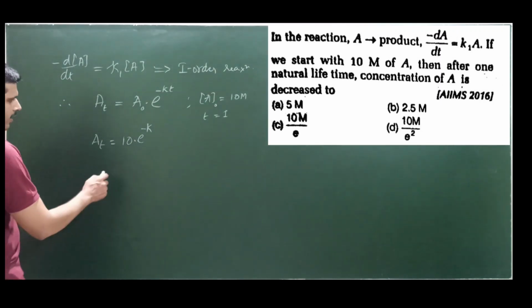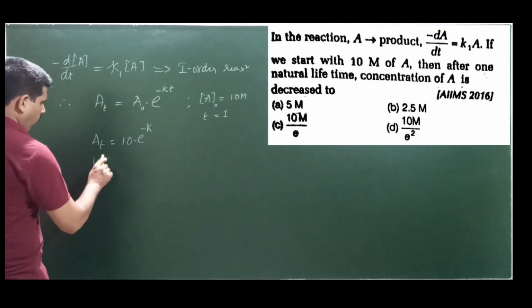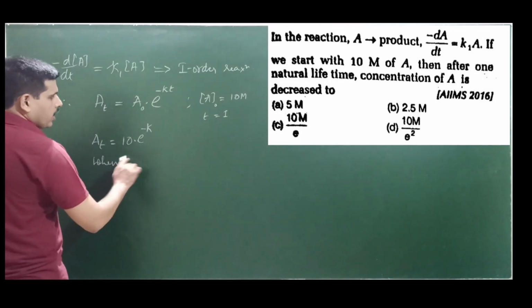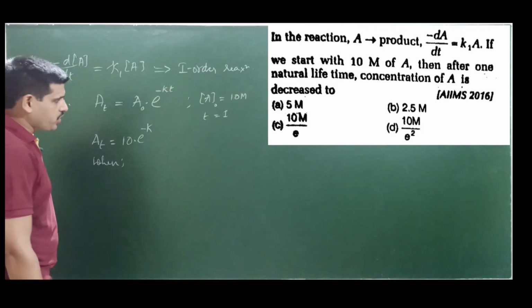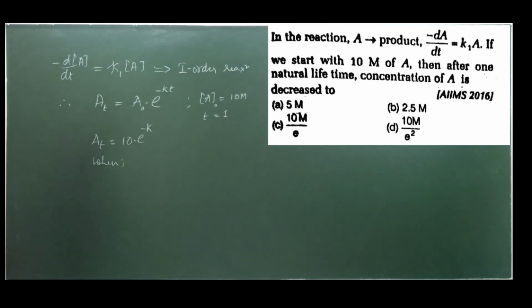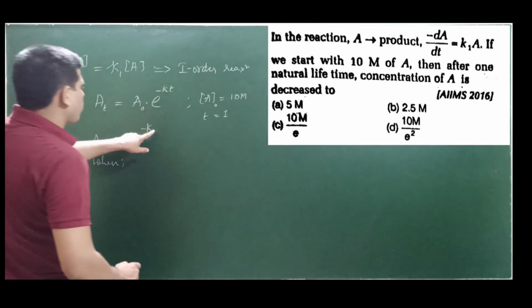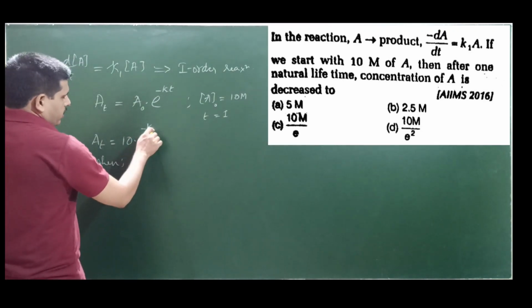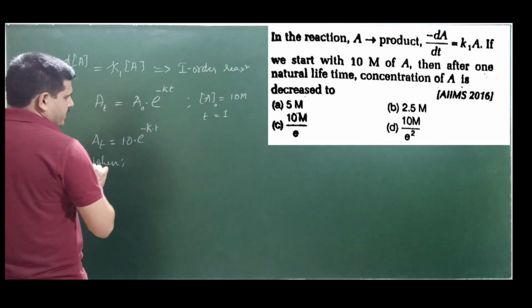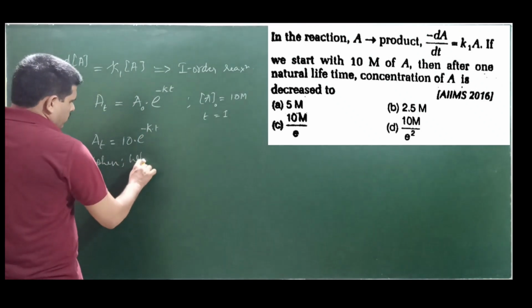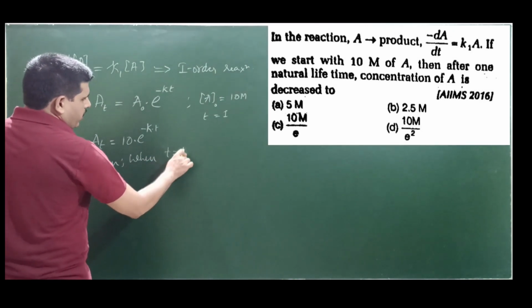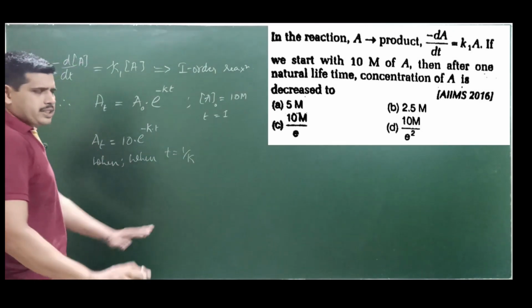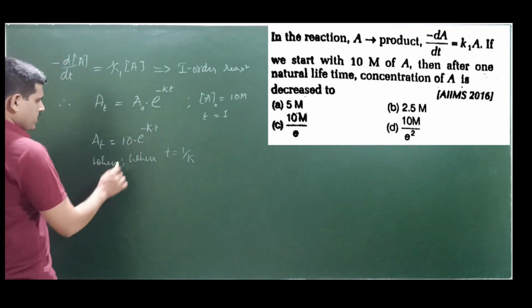So what we do is, we assume that k is equal to 1 by t, or time is equal to 1 by k, one natural lifetime. So when k is equal to 1 by t, what happens then?